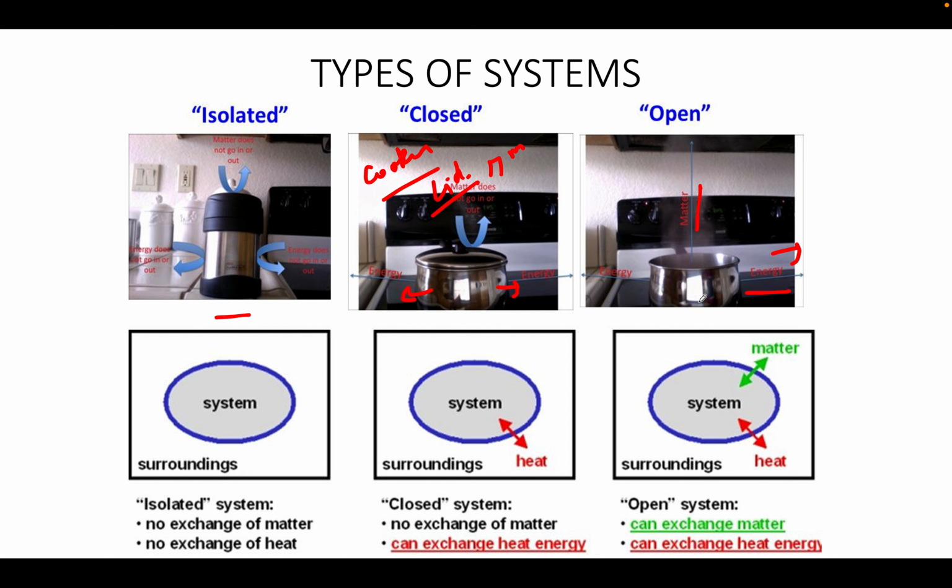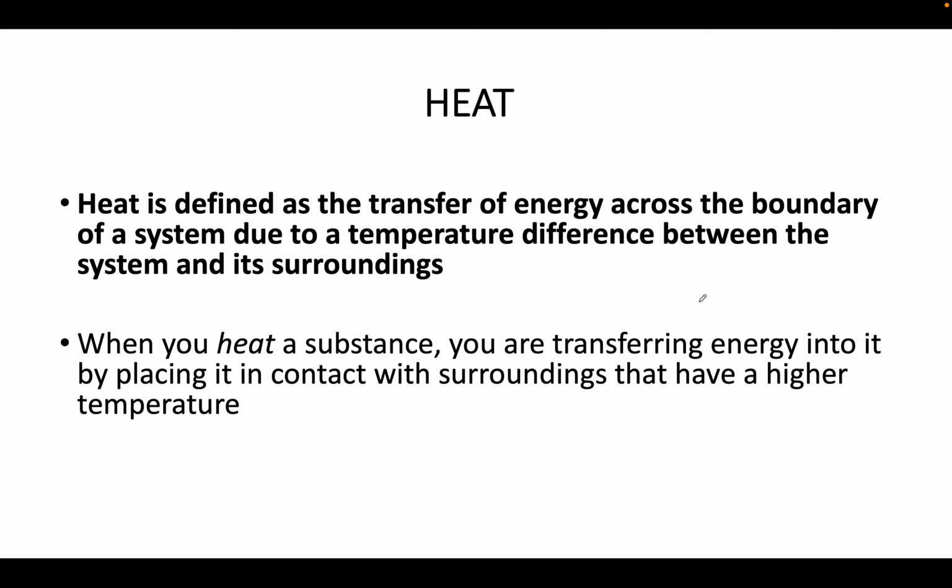Okay, so let's now quickly come to the concept of heat. What exactly is heat? Heat is actually the transfer of energy across the boundary of a system due to a temperature difference between the system and surroundings. Energy is getting transferred just because of the temperature difference.